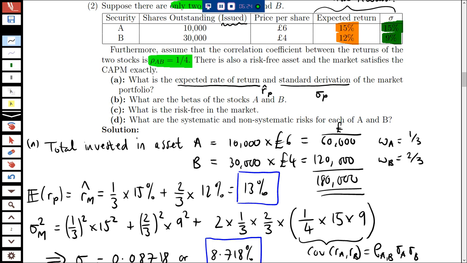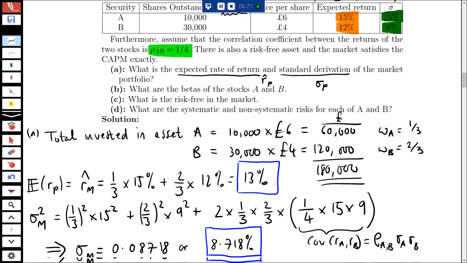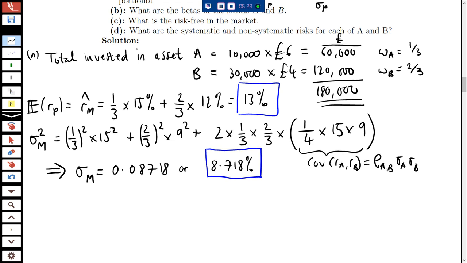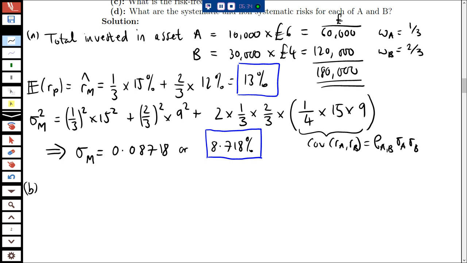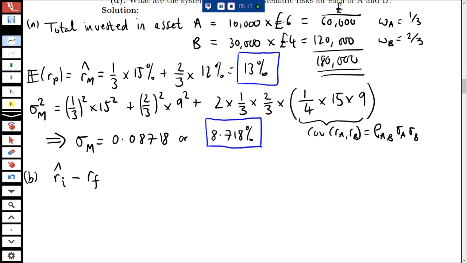Part B: what are the betas of the stocks A and B? So these are the premiums, the multiples. Okay, the CAPM model says that the premium on an asset i, in terms of its return relative to the risk-free return, should be some beta multiple of the premium on the market.